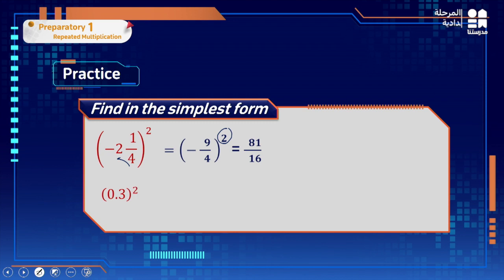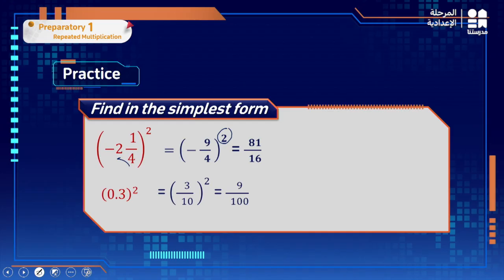What about if I have a decimal? The best way is to rewrite this decimal as a fraction. And as we know from the first term, we can write 0.3 as 3 over 10. Why 10? Because we have one decimal place, and here we have one 0 for the 10.